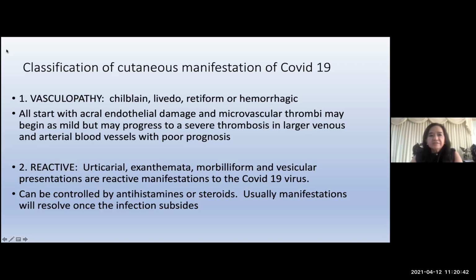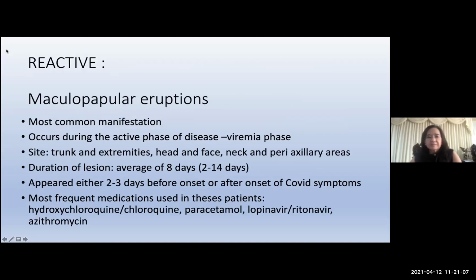Your reactive type of cutaneous manifestations would include urticaria, exanthemata, morbilliform, and vesicular presentations, which are simply reactive manifestations to the COVID-19 virus. These can easily be controlled by antihistamines or steroids, and usually the manifestations will resolve once the infection subsides. So let's start with the reactive type of lesions.